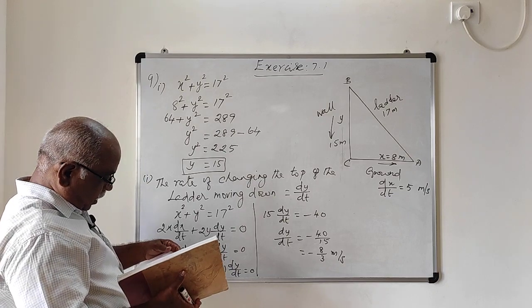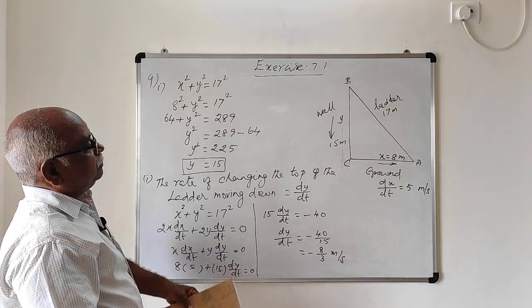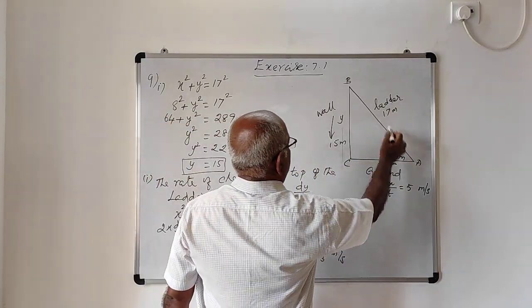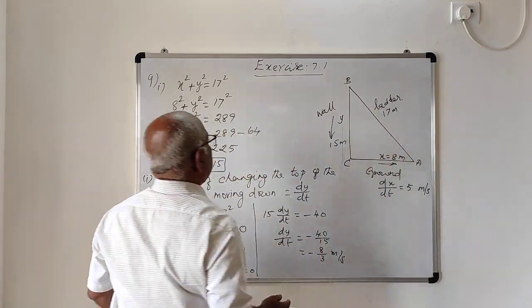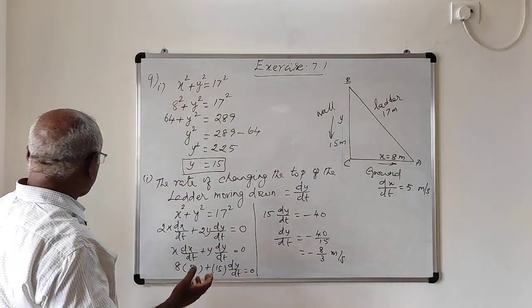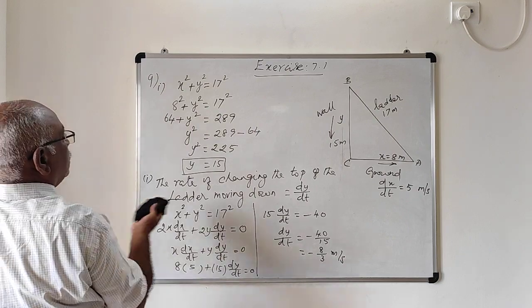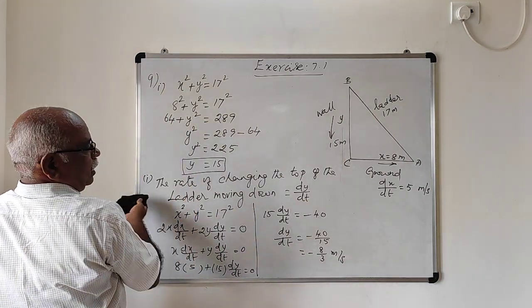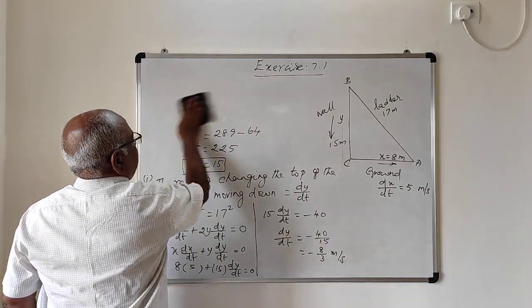Second one is, what is the change of area of the triangle formed by the ladder, ground and wall? We will see. Area of the triangle, second solution.